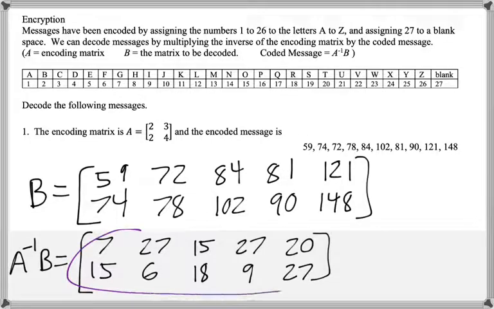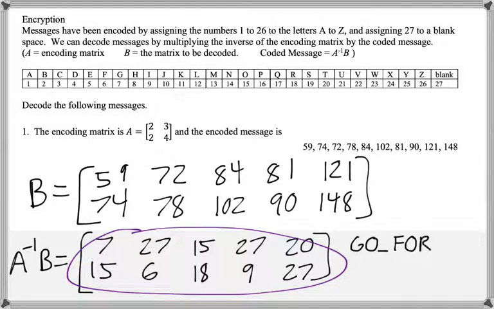These numbers correspond to the letters of my message, and I want to read it column by column. So it's going to be G, O, space, F, O, R, space, I, T, and space. So my secret message is, go for it.